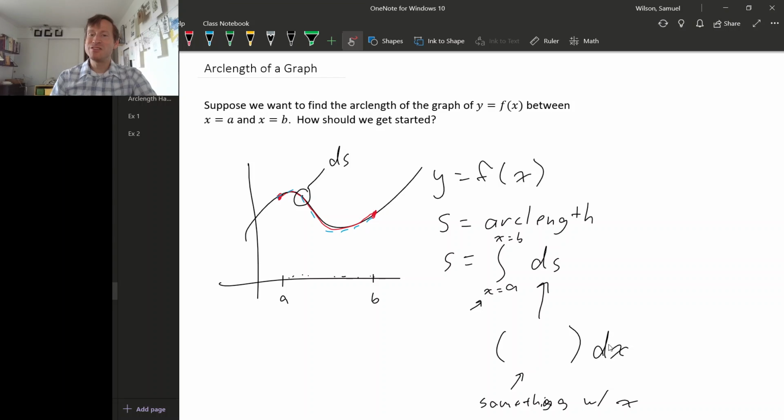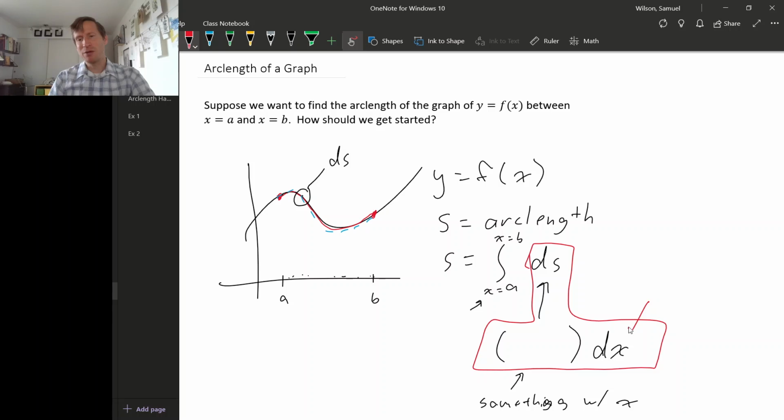So what we need to do is figure out how we can express that little chunk of arc length as a function of x, probably times the differential dx. So that's going to be our first job. Once we have that done, then we'll just be able to integrate this from a to b, and we'll have an arc length.